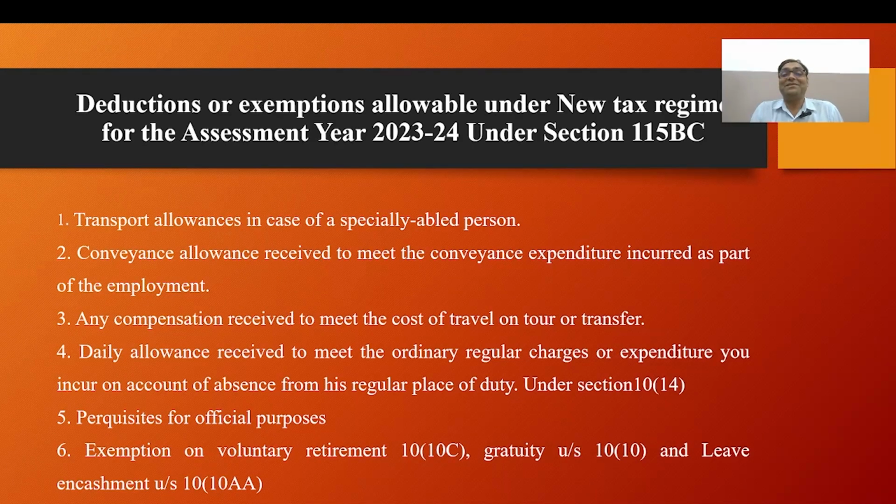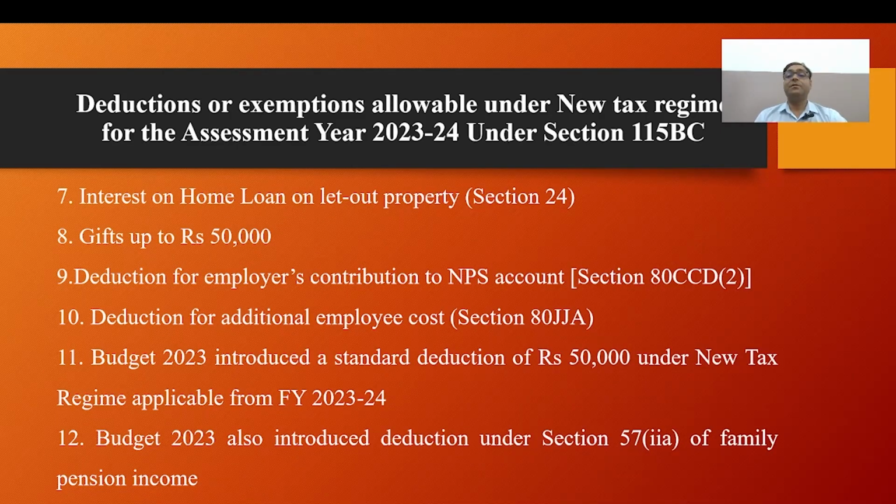Suppose in army sectors, air force, navy and police, if you are taking voluntary retirement and you are taking another sector job, subject to conditions you can take the benefit of the 5 lakh rupees.